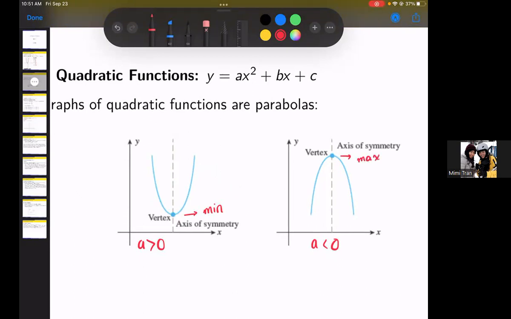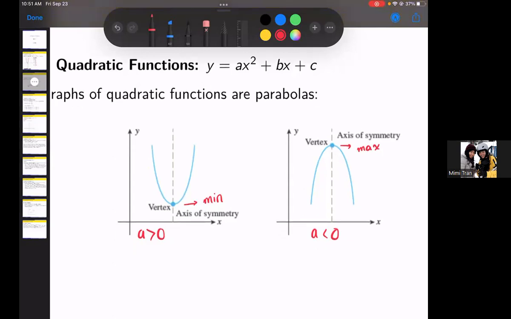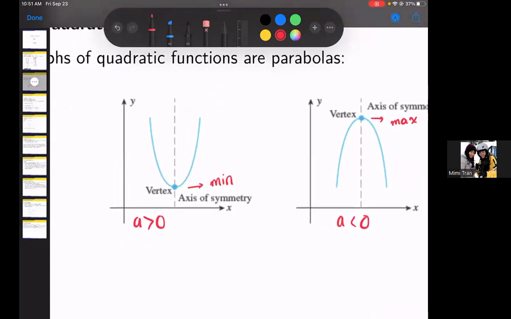There's a local min, local max. That's why they have global versus local. But this graph only has one hill or one valley, so it's all global. But for this class, just say minimum, maximum. But I want you to use the word vertex, not minimum and maximum.